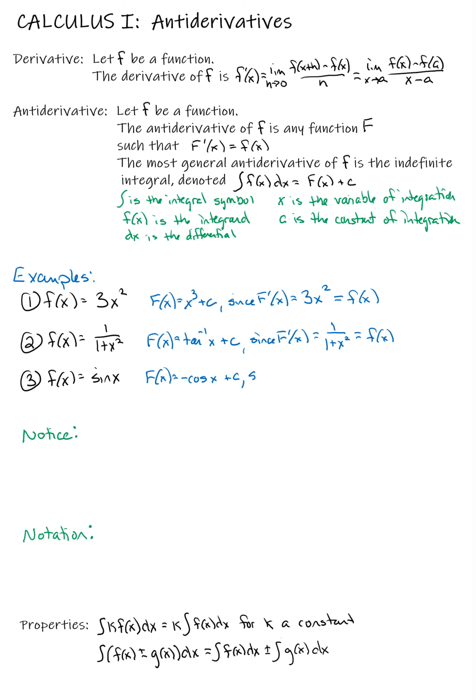So notice that if I let uppercase F of x equal to negative cosine of x plus c, when I take the derivative of this, well, that's going to be a negative times the derivative of cosine, which is negative sine of x, plus the derivative of a constant, which is 0, which is simply the sine of x, which is our function lowercase f of x, which is where we started.